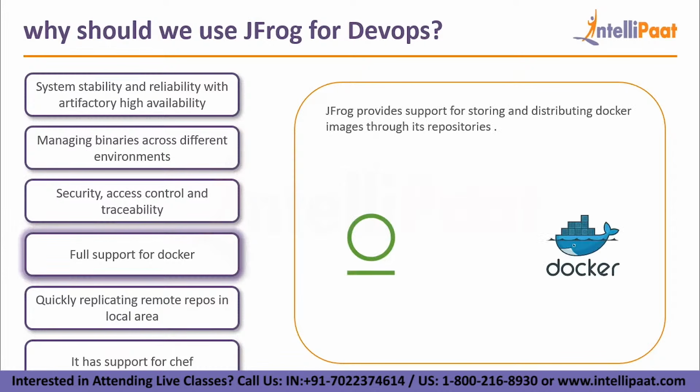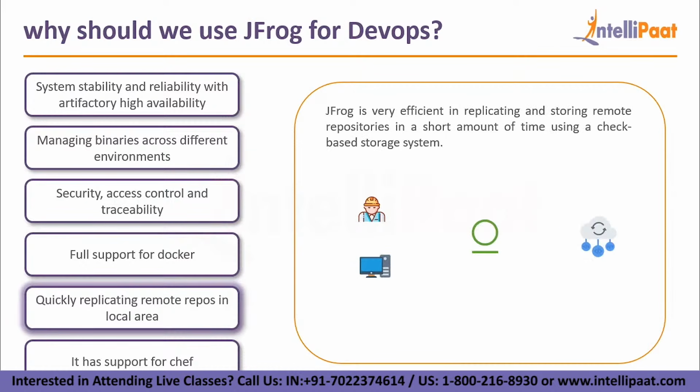Another quality is full support for Docker. JFrog provides support for storing and distributing Docker images through its repository, which means that you can easily store your Docker images inside JFrog, and then distribute them using JFrog. So basically it has seamless integration for Docker. Another quality is quickly replicating remote repos in the local area.